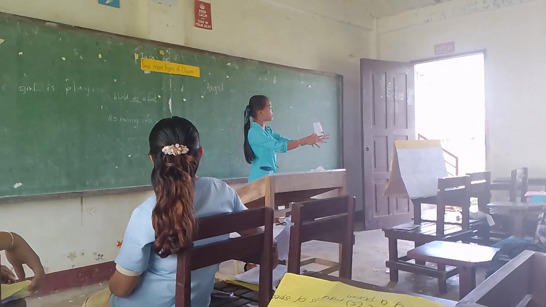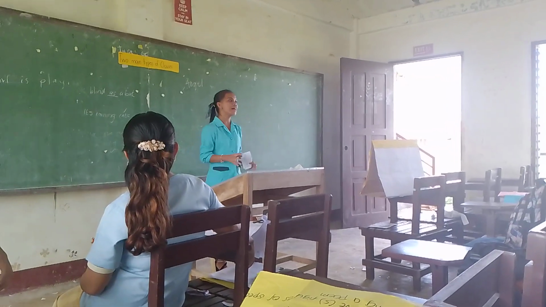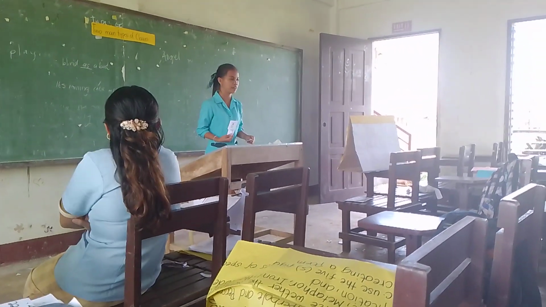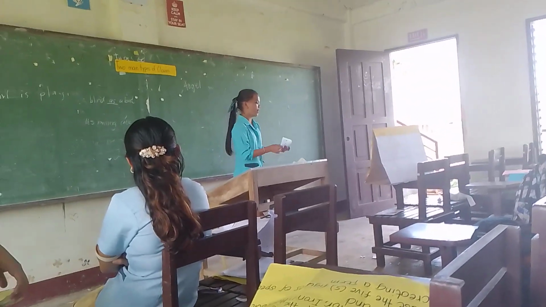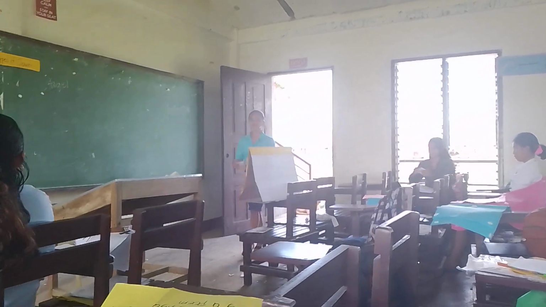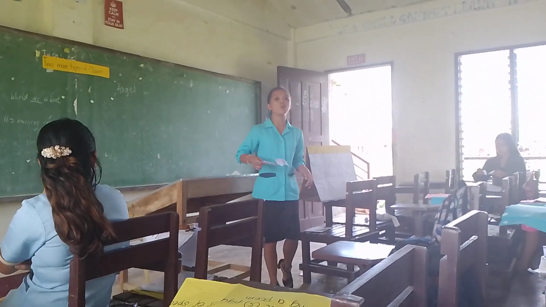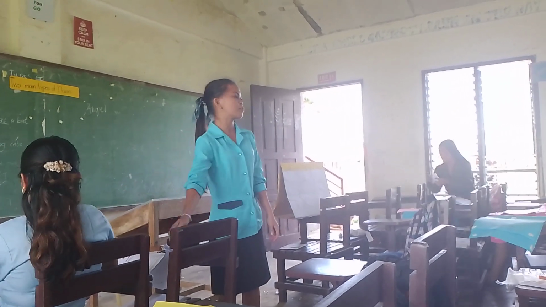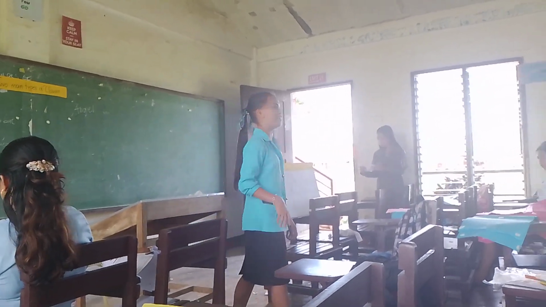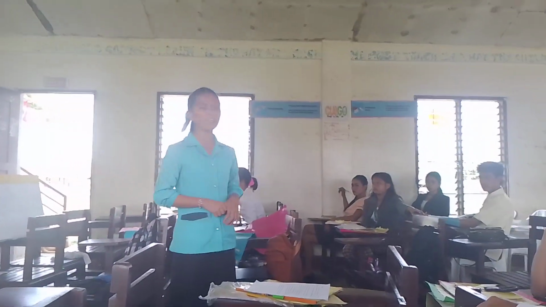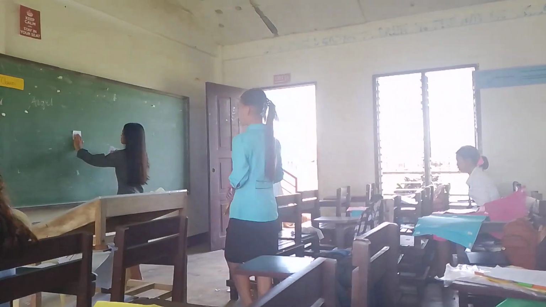This would be group 1 and group 2. All you have to do is to arrange the jumbled words and form them into a sentence. Am I clear? Yes, ma'am. Okay. So this is for group 1 and group 2. And after this, you are going to paste the sentence on the board. Okay? So the first group that can finish the activity in 10 seconds will have a plus point. Do you understand? Yes. Okay, start.